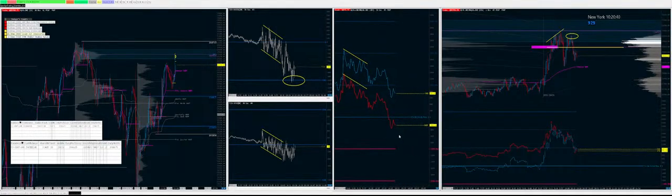I'm watching to see if the trades delta makes a new low right here on the middle chart. We could get a bit of a pullback, so to speak, up into here with the Nasdaq tick.